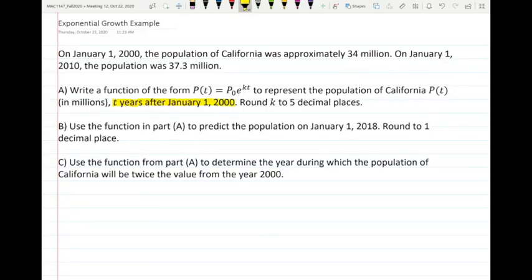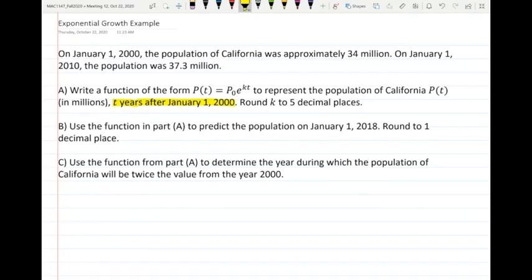So remember, to find this formula, we need to find P0 and k. Once you find k, usually this is going to be an irrational number. We're going to write the exact formula, but then we're also going to give k rounded to 5 decimal places, because it's more friendly to look at that way.